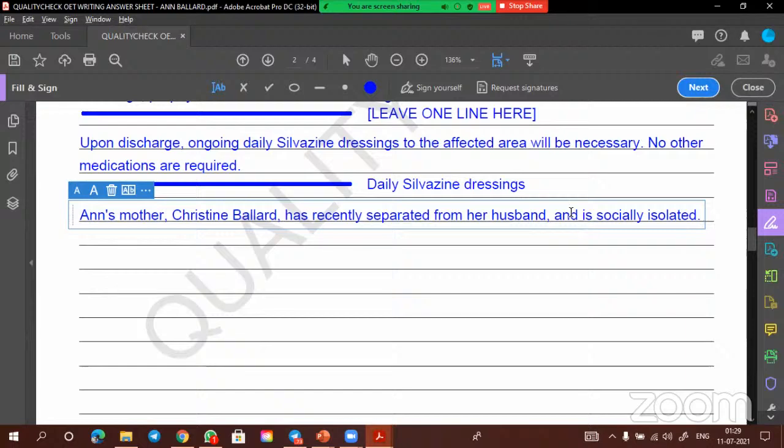Or you can say appears to be. Or is. Or appears to be. Anyone you can say. Has recently separated from her husband and is socially isolated. If you want, you can use it like this. Appears to be socially isolated. Okay. Fine.